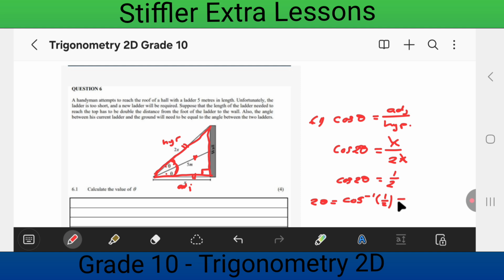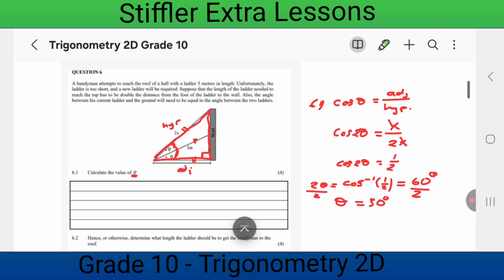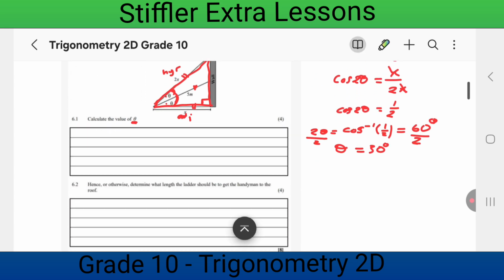Which you find to be 60 degrees. But now, since we can see that here we are having 2 theta, but they said we must find the value of theta, so it means that we must divide by 2 there and divide by 2 there as well. So now our value of theta becomes 30 degrees, like that. It is very, very simple, right?